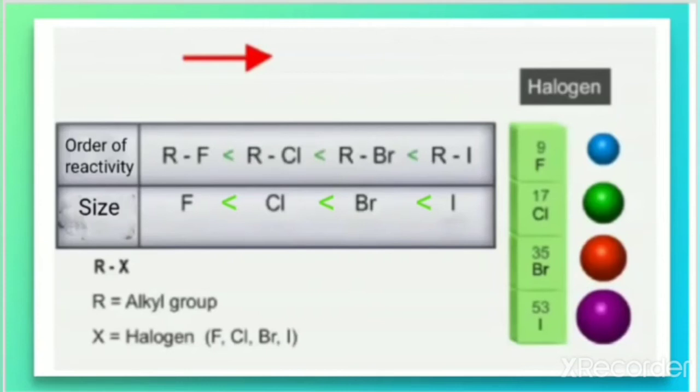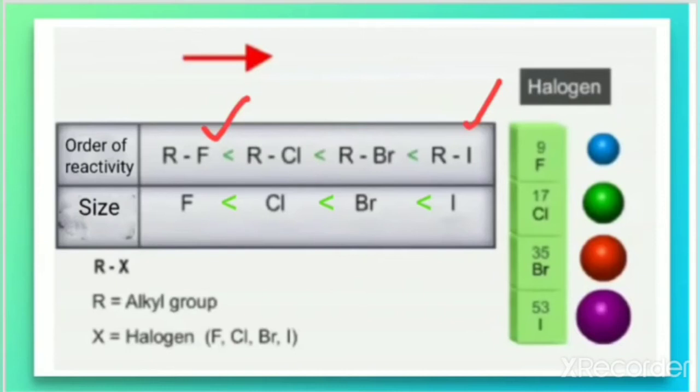So when we compare R-F, R-Cl, R-Br, R-I, that means different halogen atoms, we can say that the bond will break easily in the case of R-I, therefore it is most reactive, and it is quite difficult to break the C-X bond in R-F because of the smaller size of fluorine, therefore it is the least reactive.